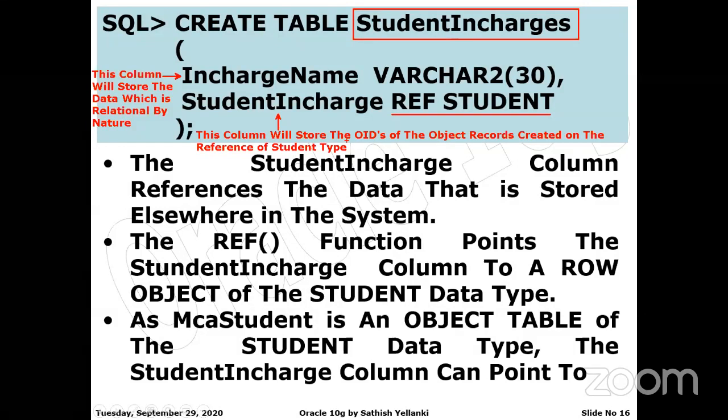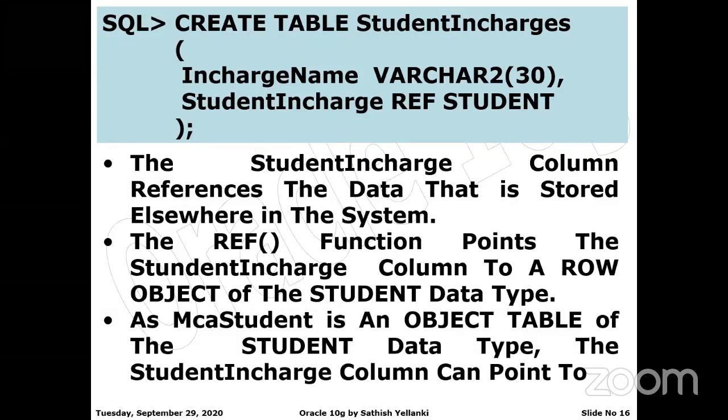And the beauty here is the student in charges table is a relational reference table. It has a relational column and a reference column. So it is trying to manage both kinds of data, partially object by nature, partially relational by nature, but very different from what we had yesterday with MBA students.